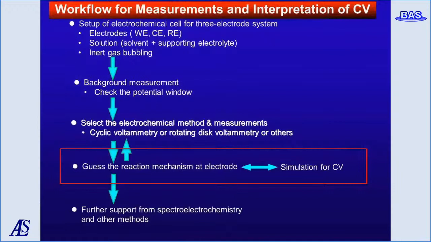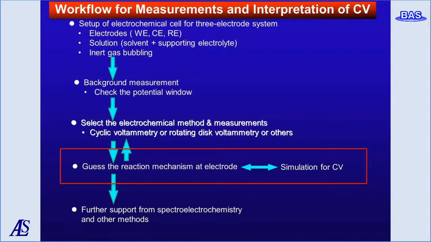Let us summarize the first part of the electrochemical experiment to collect the data from cyclic voltammetry. At first, prepare the electrochemical cell with a 3 electrodes setup. Choose the solvent and supporting electrolyte, and then remove the dioxygen by bubbling inert gas into the solution.